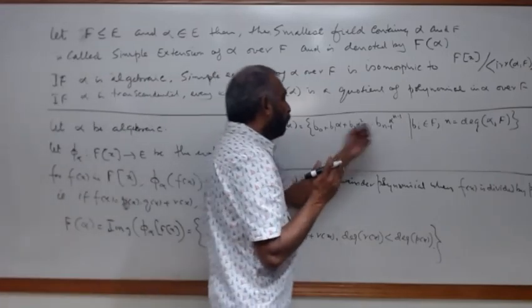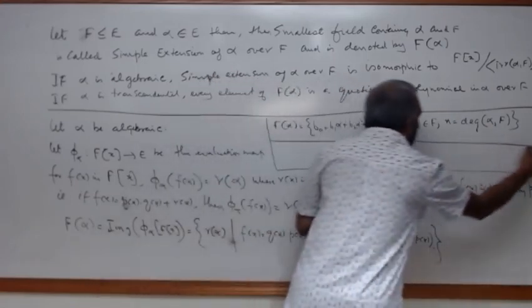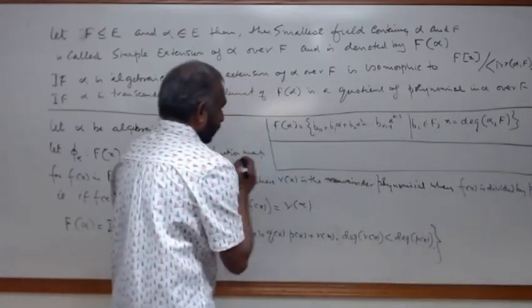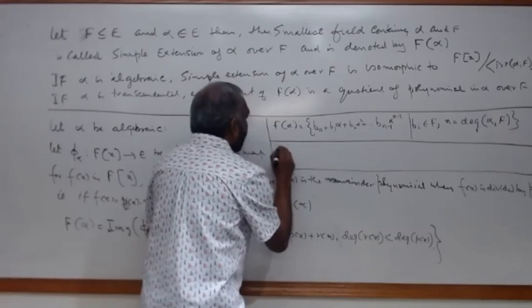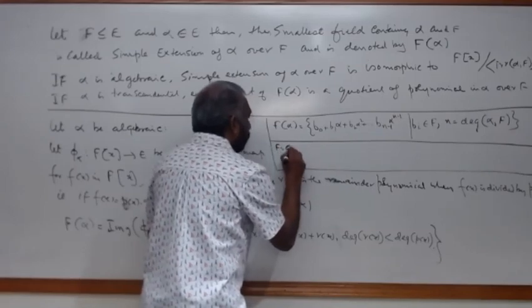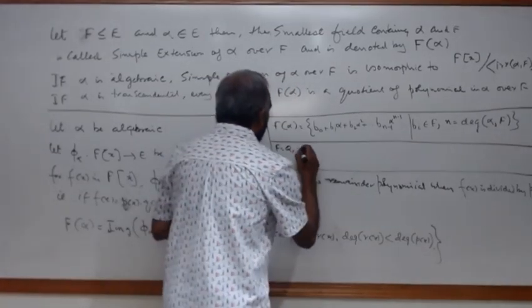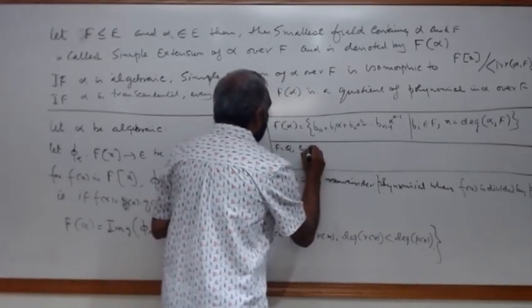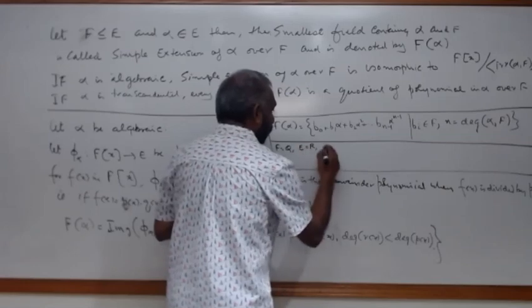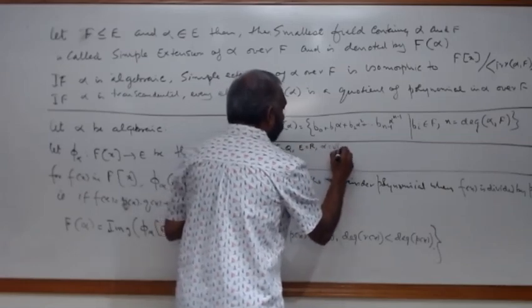So any simple extension of an algebraic number is of this form. For example, I will write an example also before we conclude this session. Let us say take F equal to Q, E equal to R, and alpha equal to root 2.